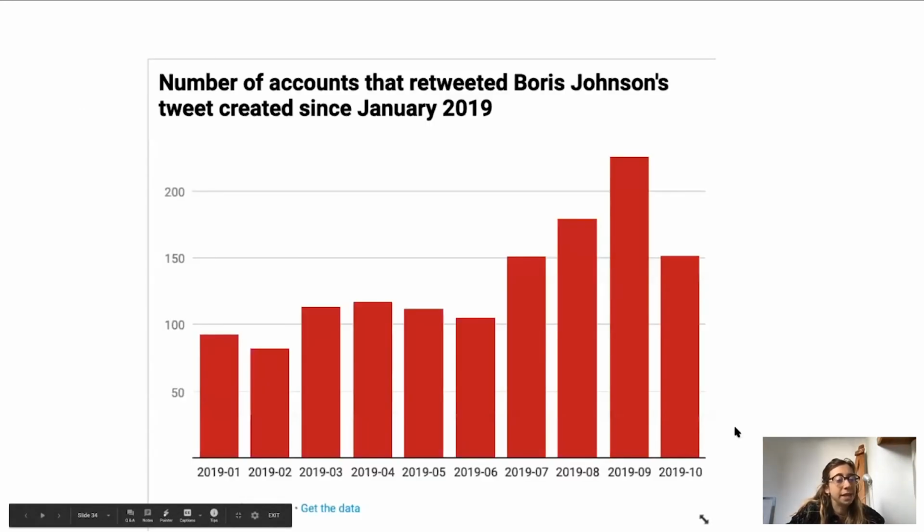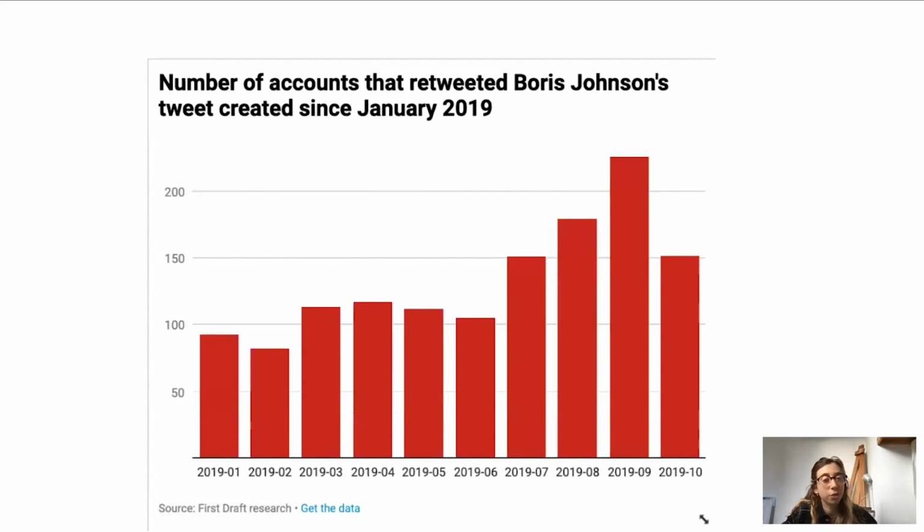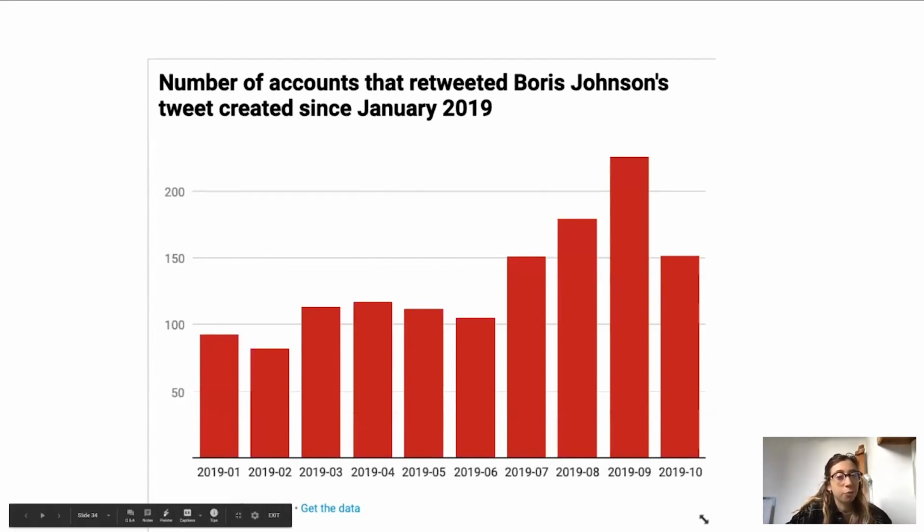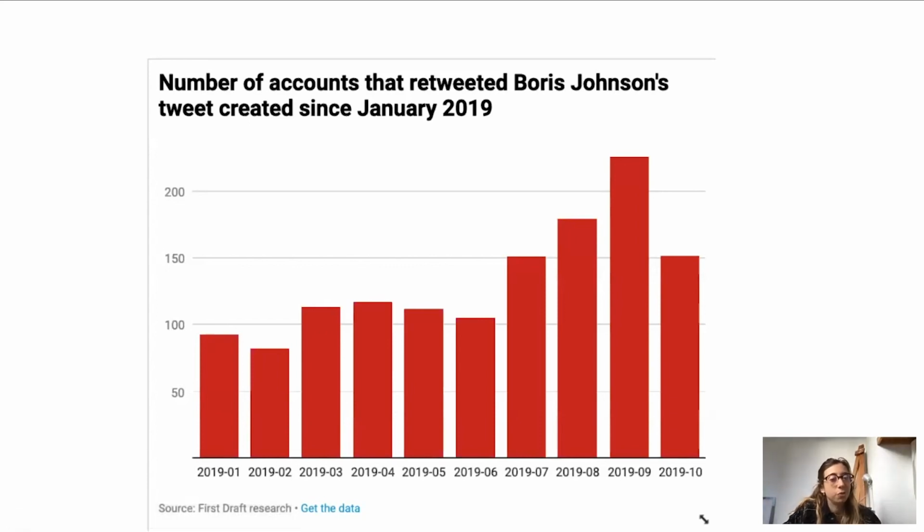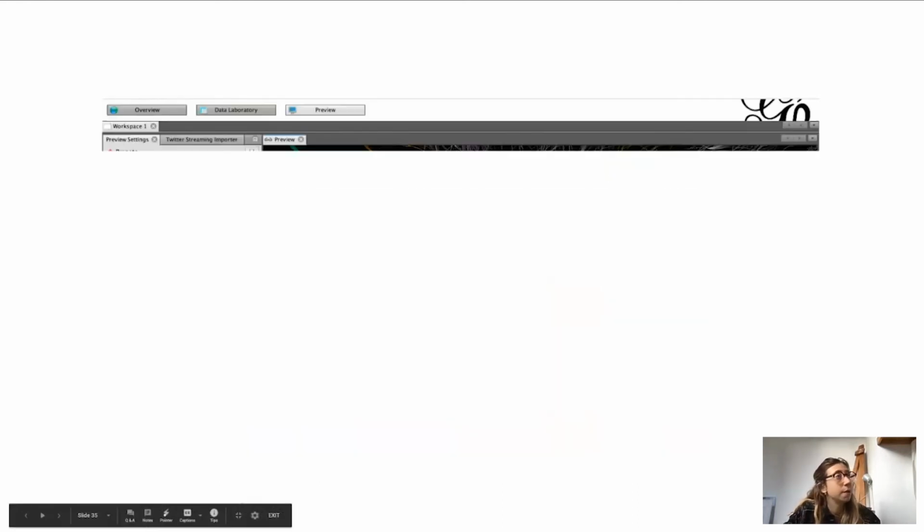In this case, we also looked at the creation dates of accounts that retweeted a Boris Johnson tweet regarding Brexit. So the retweets were produced by many accounts created in the previous month compared to when the tweet was published. So that was highly suspicious.